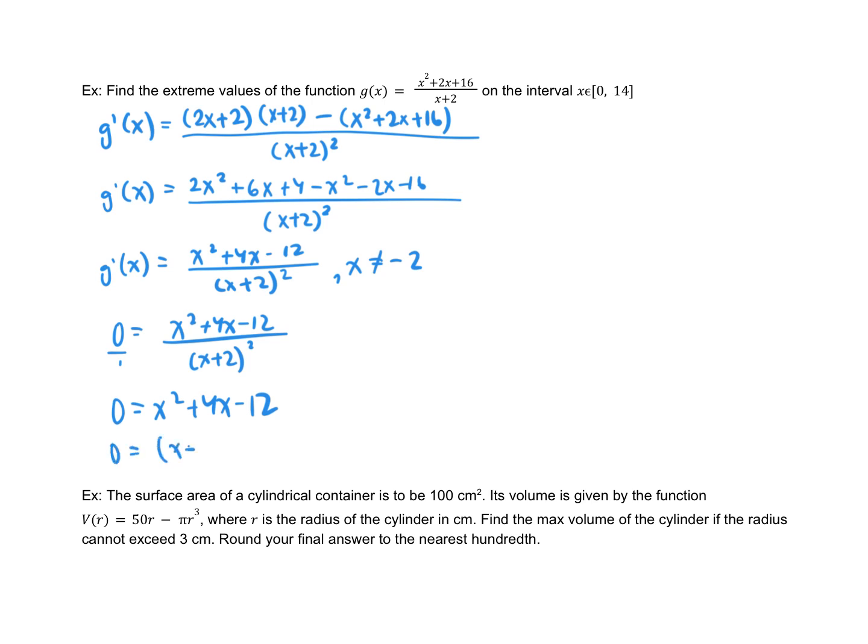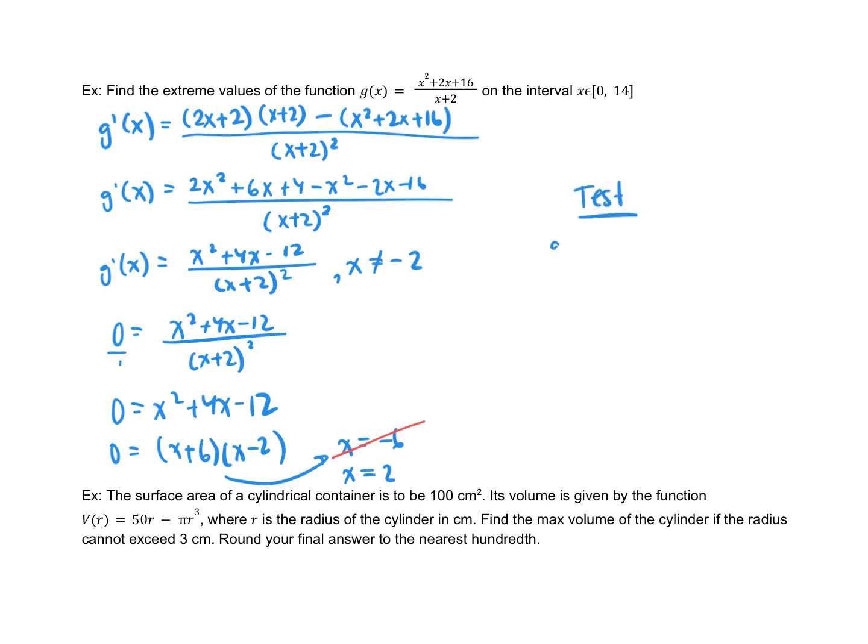So we get x plus 6 and x minus 2, which makes my critical points at -6 and at +2. Now the critical point at -6 is out of my domain for x, so I'm just going to cross that out, and now I'm going to test my values.